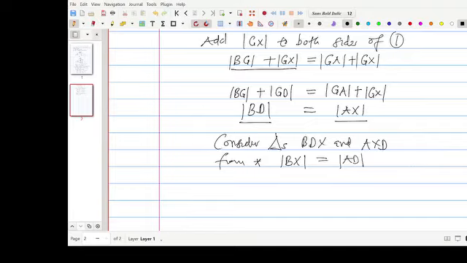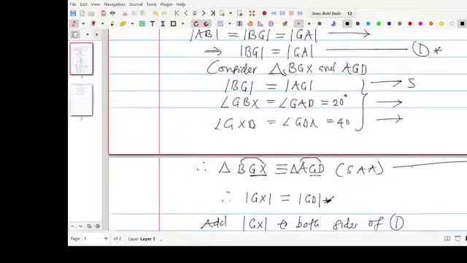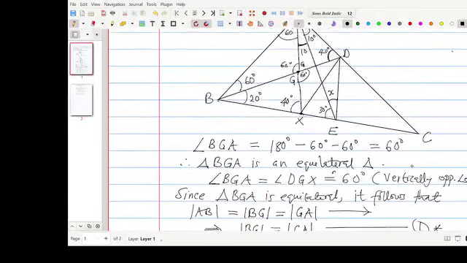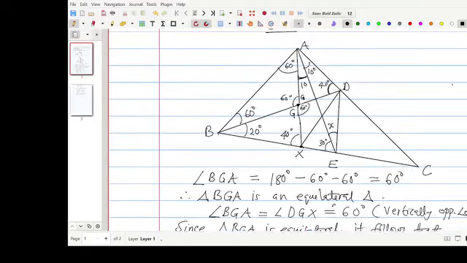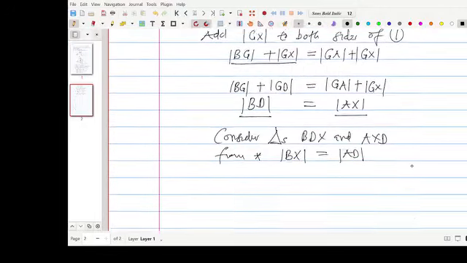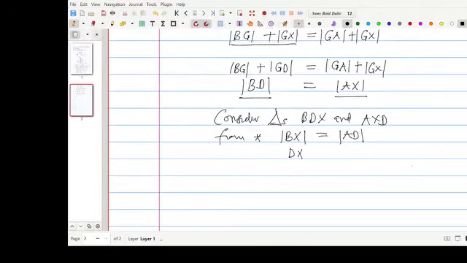Can you see that? Also, from the triangles, you will discover something. Now look at this line DX. Line DX is common to both triangles. That is, line DX is common to triangle BDX and triangle AXD. So DX is a common length. So I can come here and write line DX is equal to line DX.